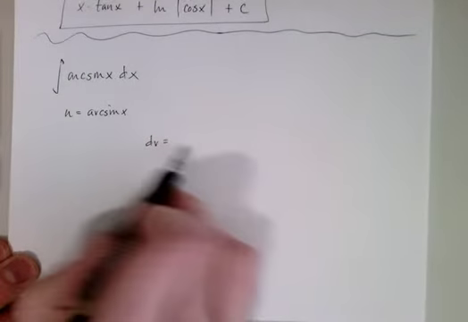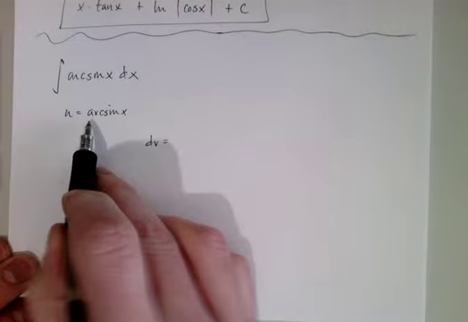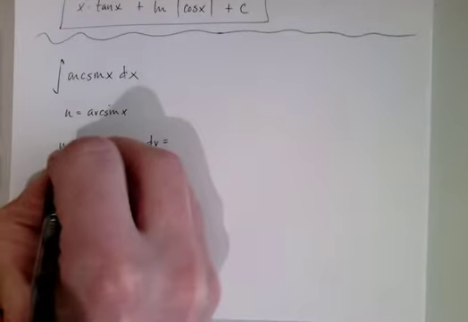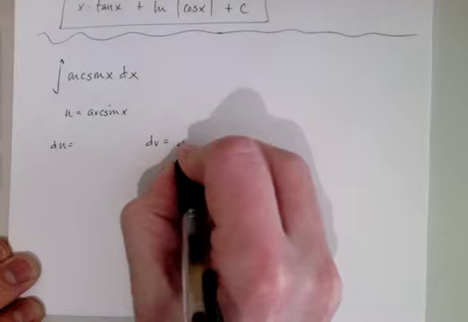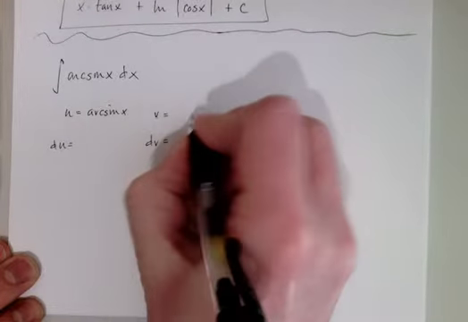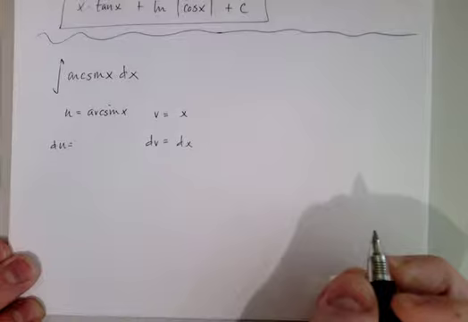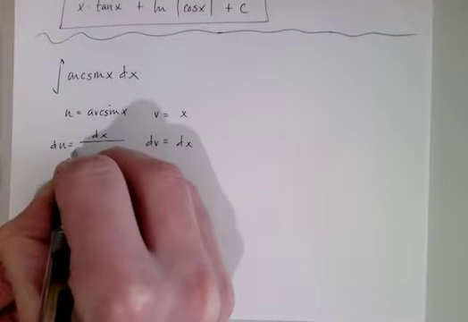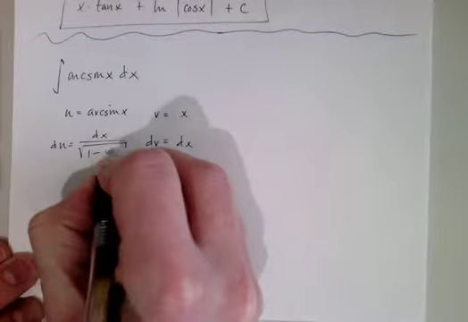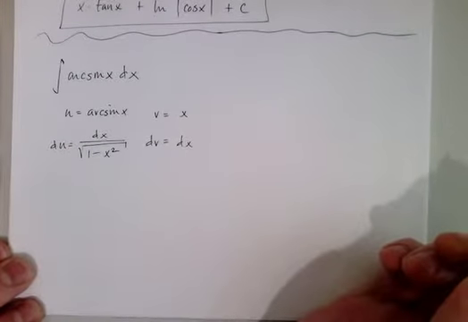We can't pop it into a chart like this and anti-differentiate arcsine, but I do happen to know what the derivative of arcsine is. dv, if it's dx, when it becomes anti-differentiated, it just becomes x. And this becomes dx over the square root of 1 minus x squared.